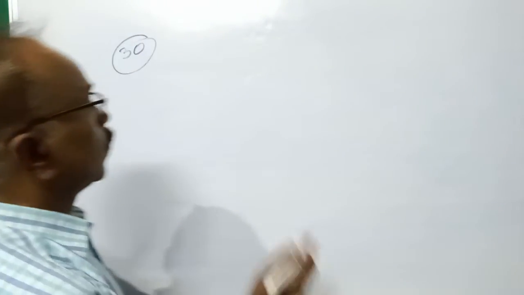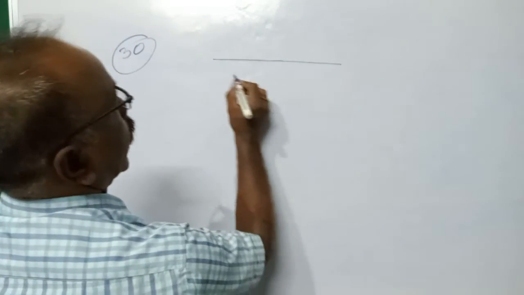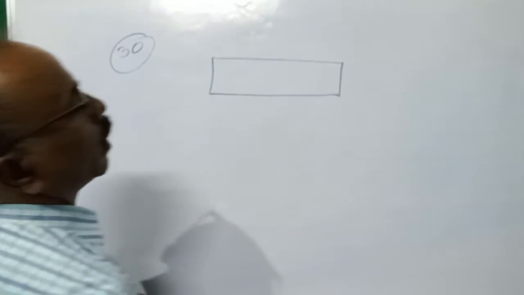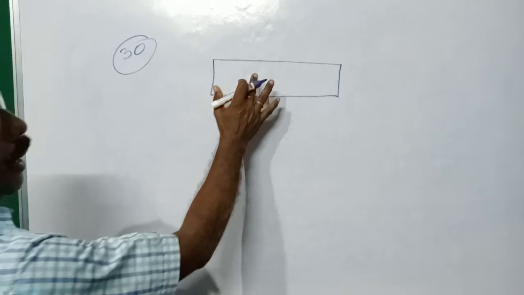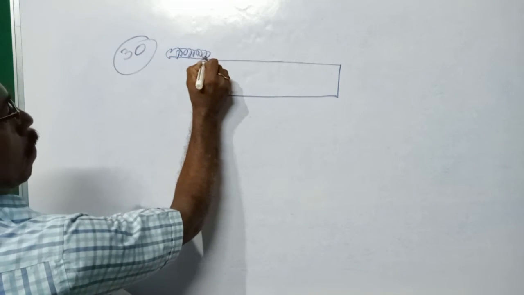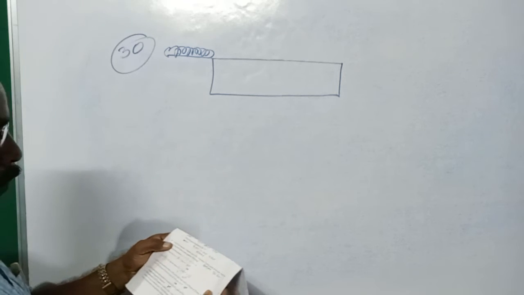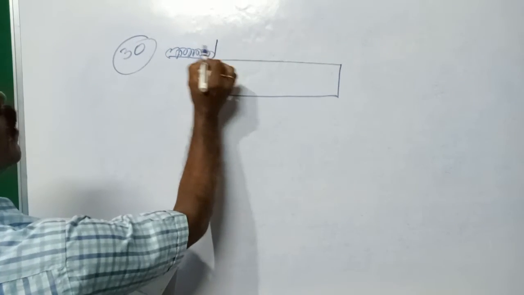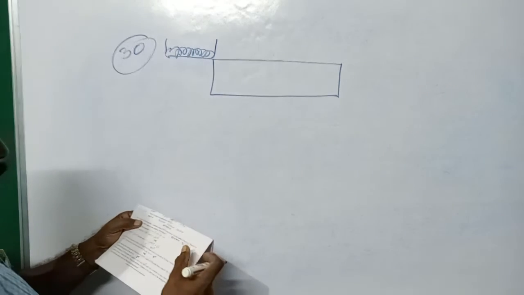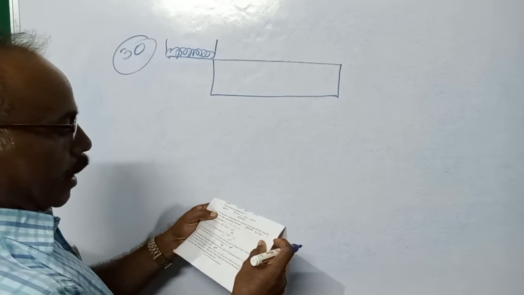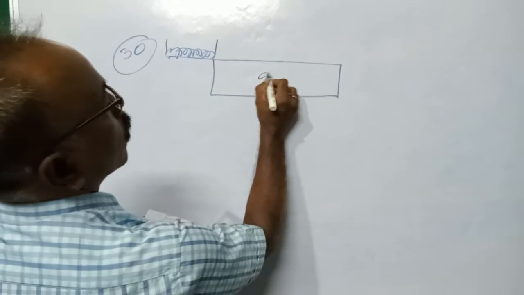My dear student, say this is the tunnel and this is the train, 210 meter long. It took 12 seconds to pass the 90 meter long tunnel.